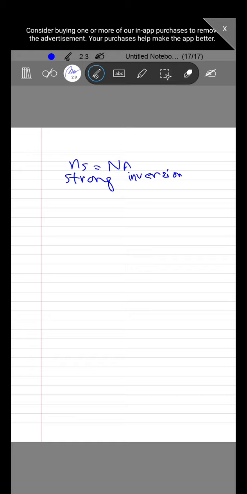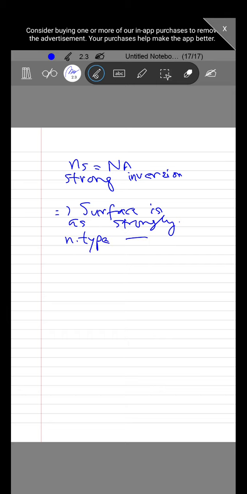By strong inversion we mean that the surface is as strongly n-type as the bulk is p-type.